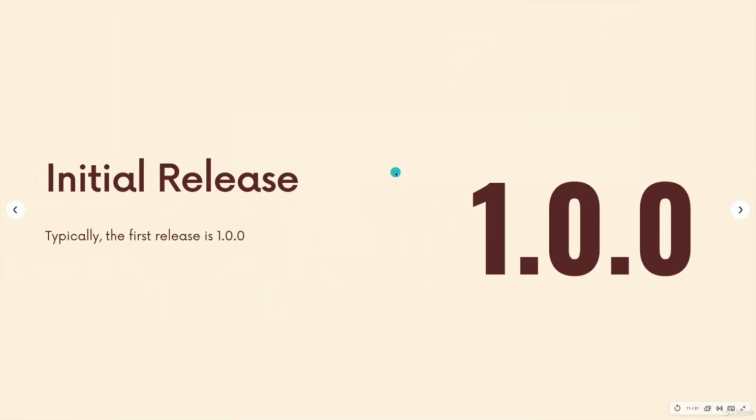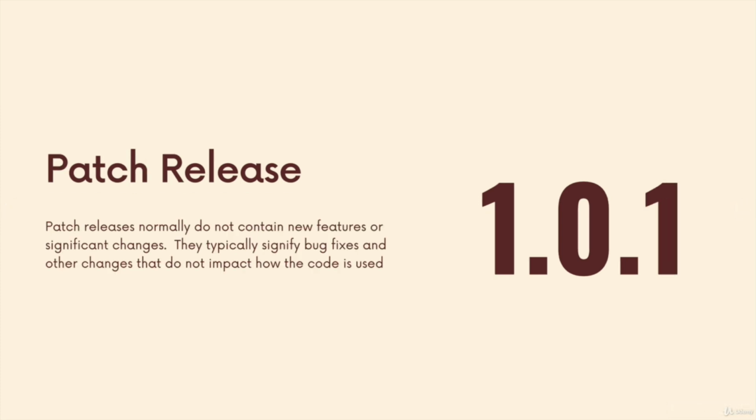Then, once you have that initial release out, small changes, patch releases, are going to be indicated here on the far right. So patches do not contain new features or significant changes, definitely no breaking changes, often just bug fixes and minor changes that don't impact how people use the code or the piece of software.